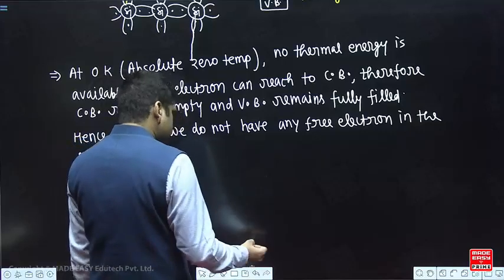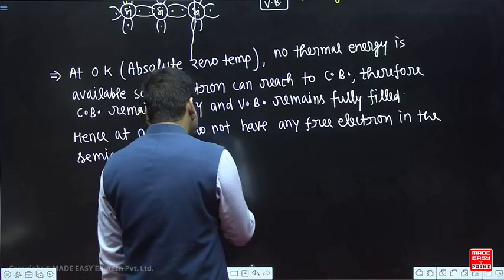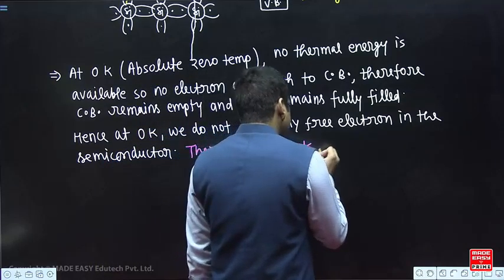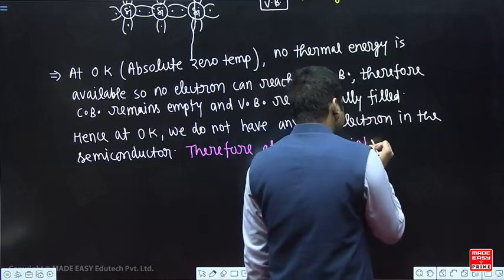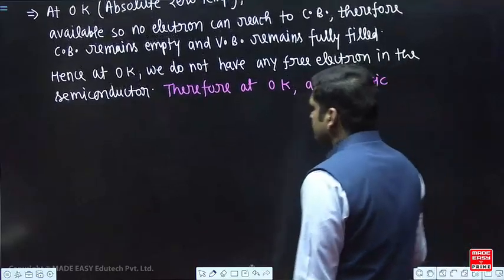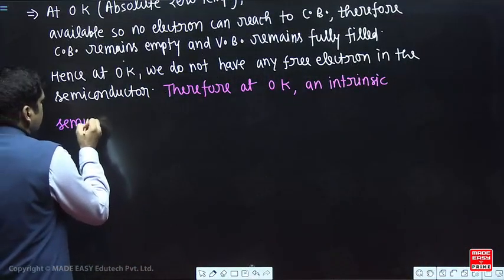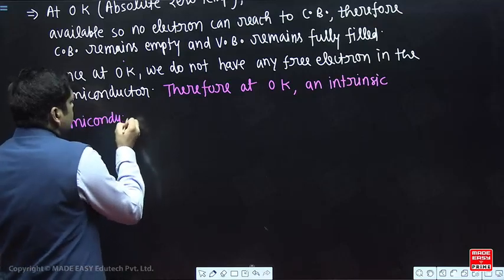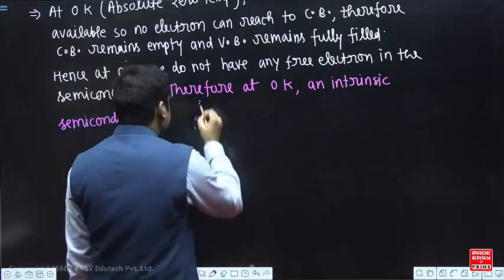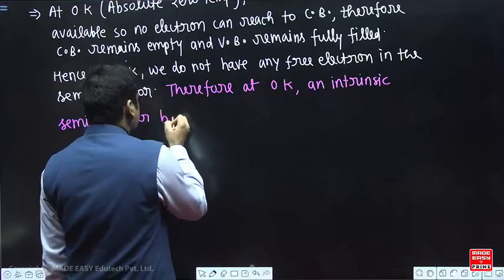Therefore at absolute zero temperature, at 0 Kelvin, an intrinsic semiconductor behaves as a perfect insulator.